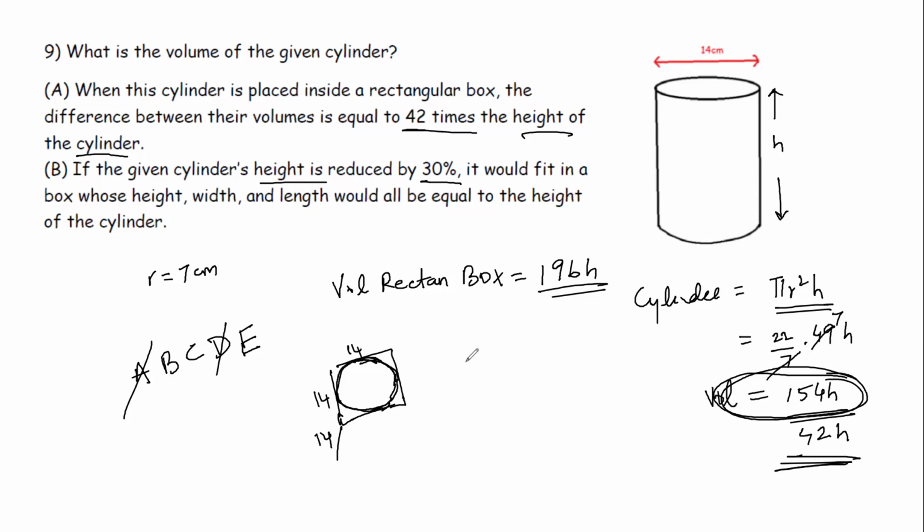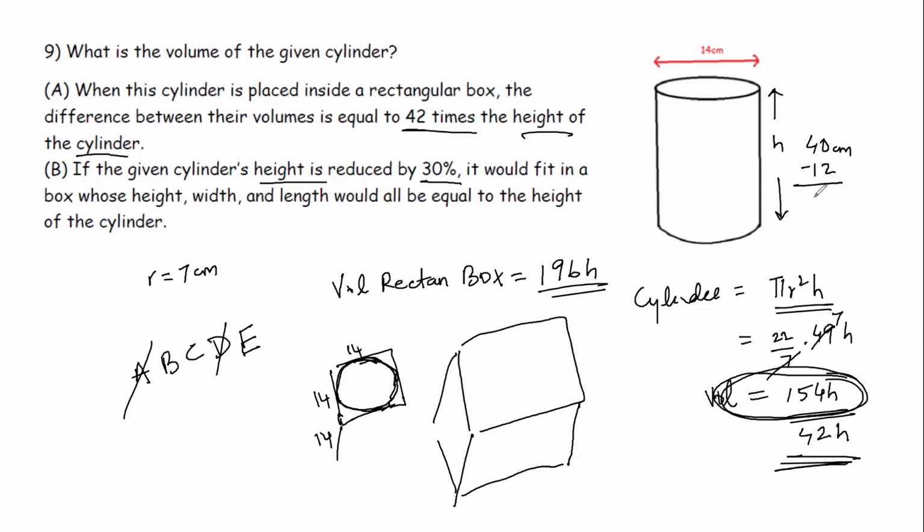Because I can have a bigger, cubical box, right? So imagine the height is 40 centimeters. If I reduce by 30%, then it is 12 less. So I get 28 centimeters, right?